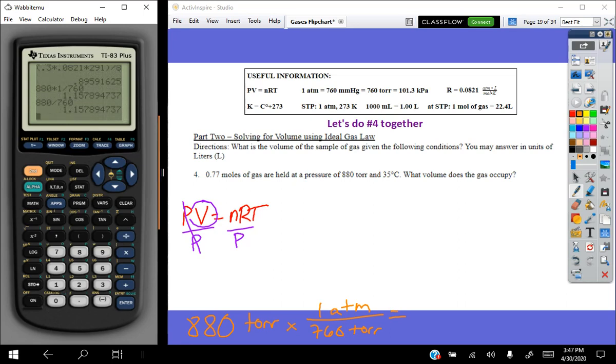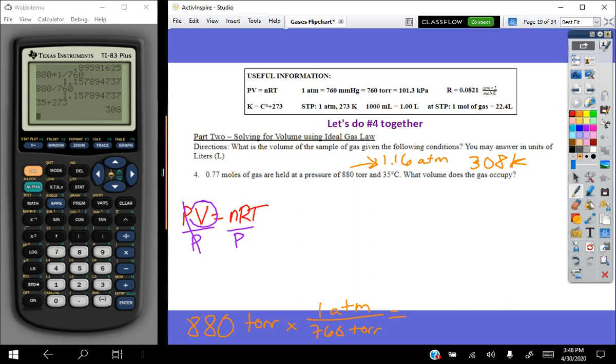So my pressure, if I convert this properly, is going to be 1.16 atmospheres. I also need to convert my temperature, 35 plus 273, and that's going to be 308 Kelvin. And then moles is good to go, and I have my gas constant.